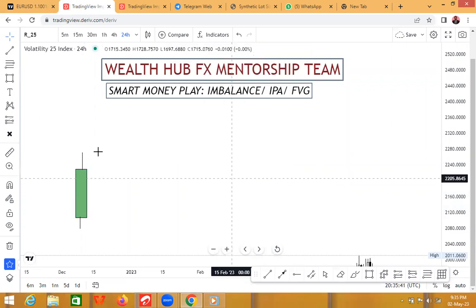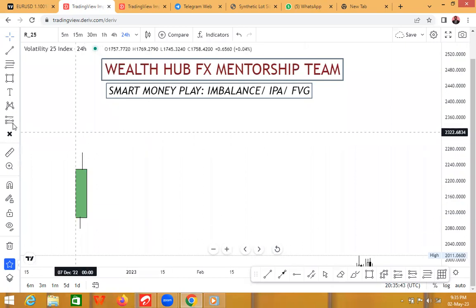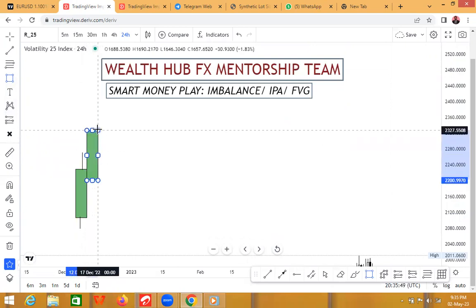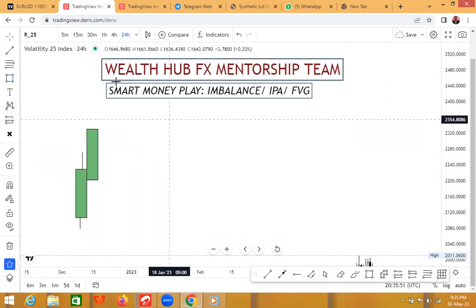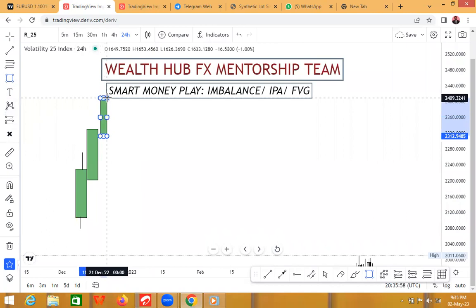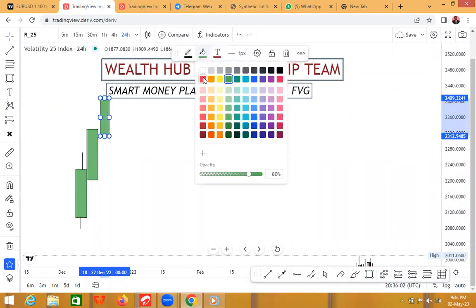So you see this candle is bullish, and then you see this candle, another candle forms here that is bullish. Then another candle forms here, while this one is a sell candle.